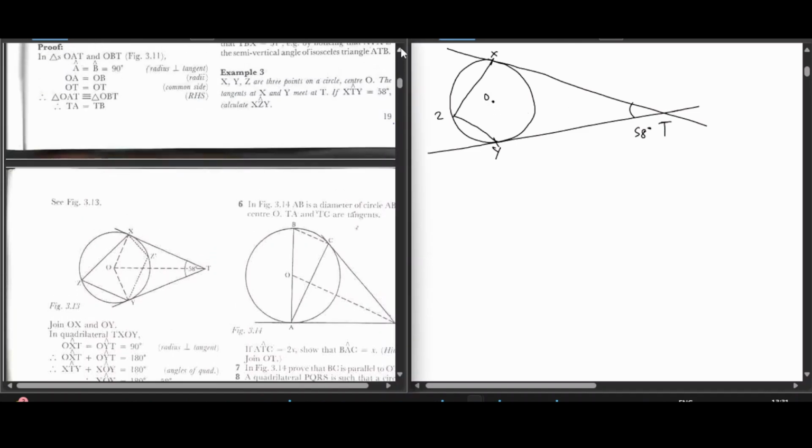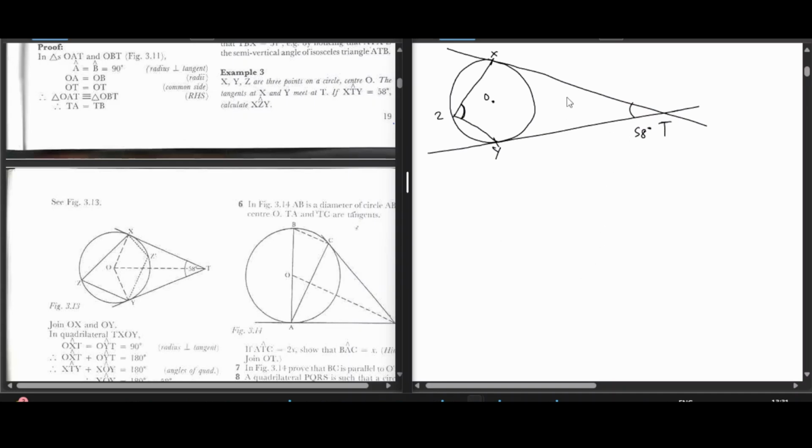Tikadzokera question iri kuti X, Y, Z are 3 points on a circle. Saka X, Y, Z with center O. The tangent at X and Y meet at T, and if XTY is equals to 58 degrees, calculate XZY. Kuroti angle yatiri kuda nde ino-ish. But kana T nayo yakaita sezva yakaita, like the way we look at it like that, what can we do?